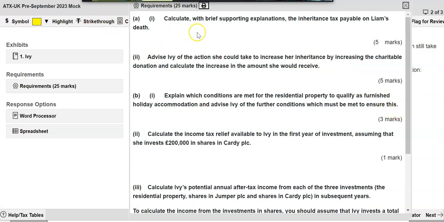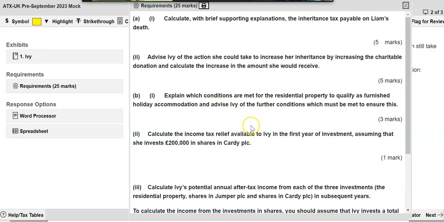Okay, so let's read the question requirements, then we can go to the scenario and discuss the answer. Okay, please, A1. This was the only part in which you scored marks. Yes, and you remembered it.